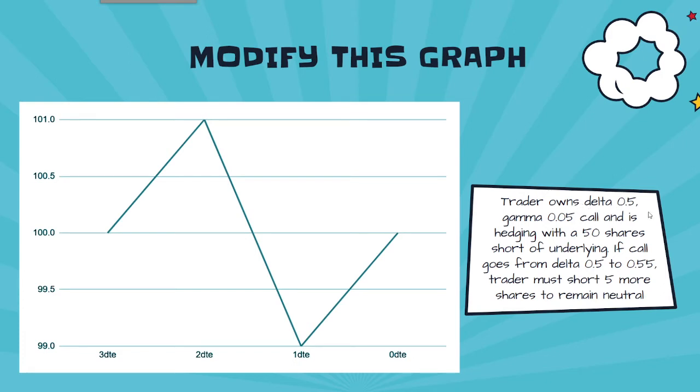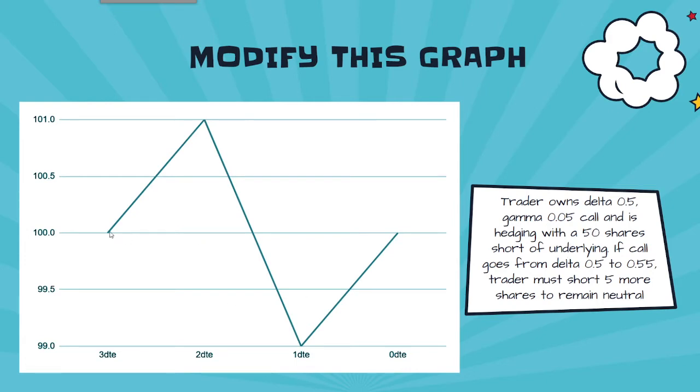Well, in options and stocks, each option represents 100 shares. So if you have a delta of 0.5 and the stock goes up $1, now your delta is 0.55, because your gamma is 0.05. So you went from a delta 0.5 option to a delta 0.55 option, but you're only short 50 shares.